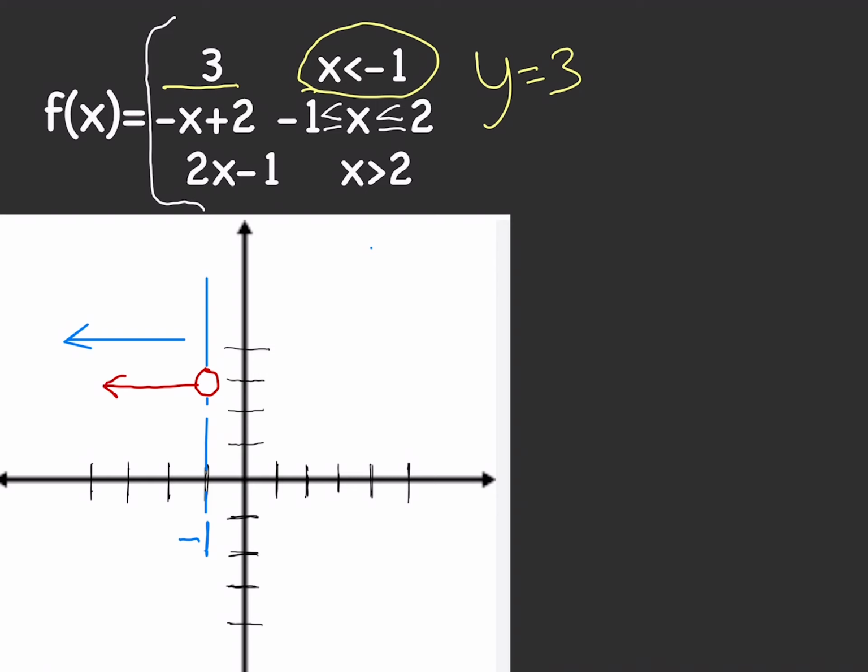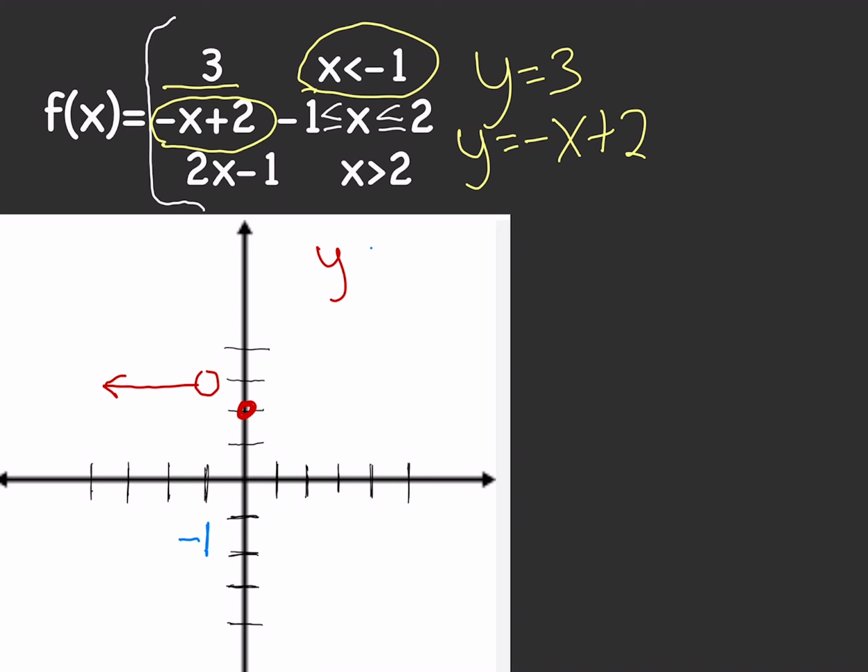Okay, then I'm going to go on to the next one, which is the negative x plus 2. That's the one I just added that I didn't have before. So that graph, y equals negative x plus 2, is going to have the y-intercept there of 2. And from there, I'm going to use my slope of -1, or just -1 over 1.